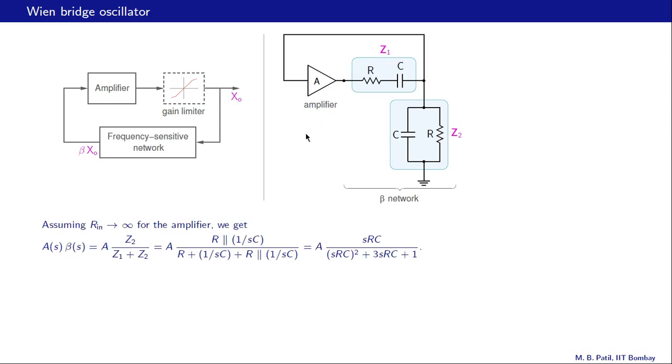Before we proceed, let us specifically mention that this assumption is crucial here. This amplifier is assumed to have infinite input resistance, and therefore this current is going to be 0, and therefore whatever we calculate as beta will actually hold when we connect that network to a real amplifier.